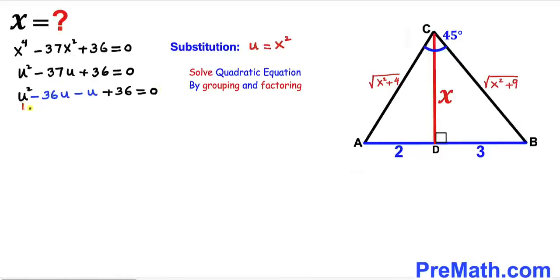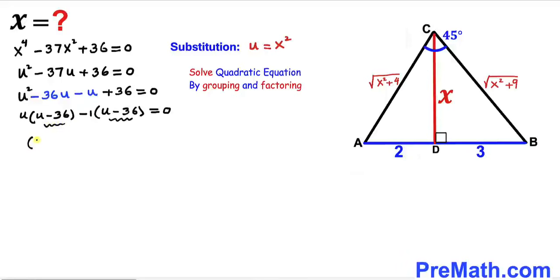And now we can see u is in common between first two terms, and here we got negative 1 is common. So therefore I can write u times u minus 36 minus 1 times u minus 36 is going to be equal to 0. And here we can see u minus 36 in common.